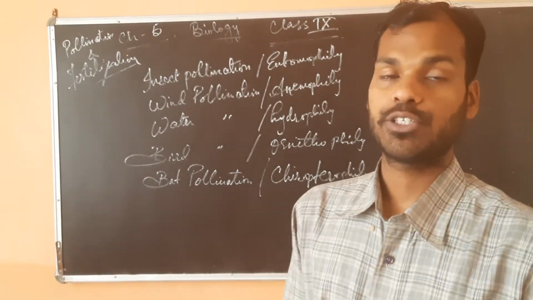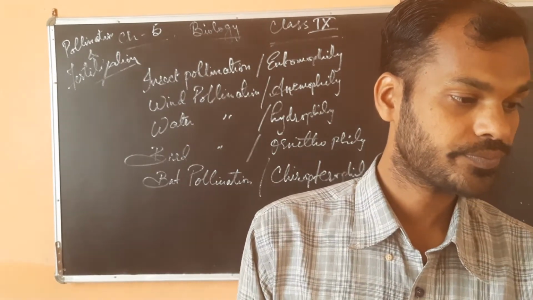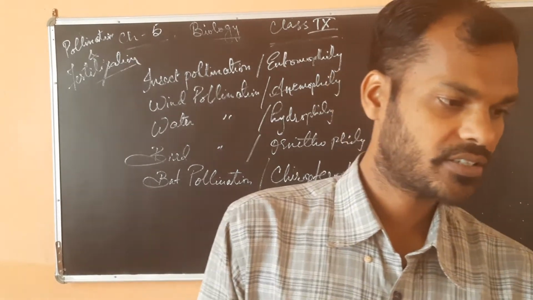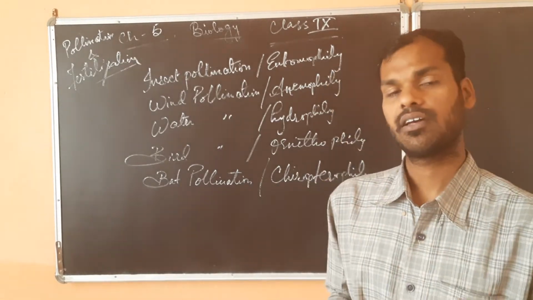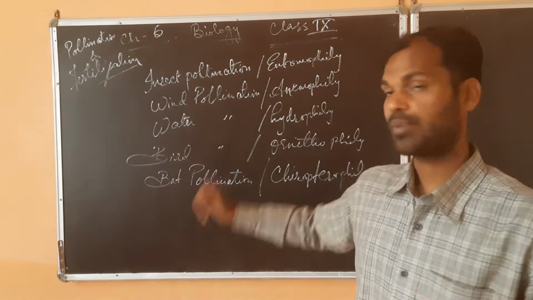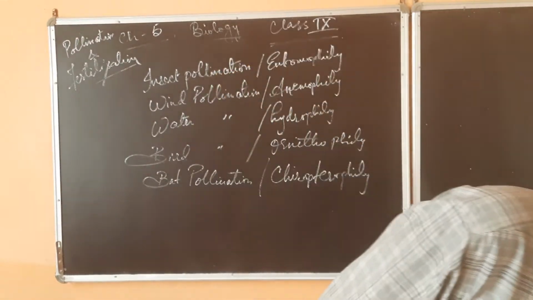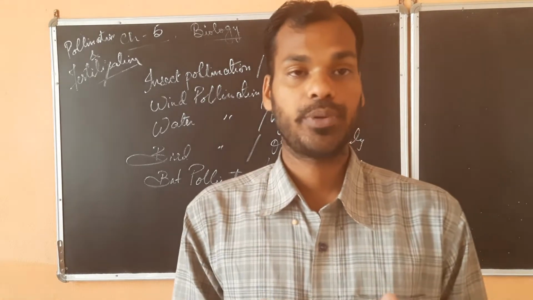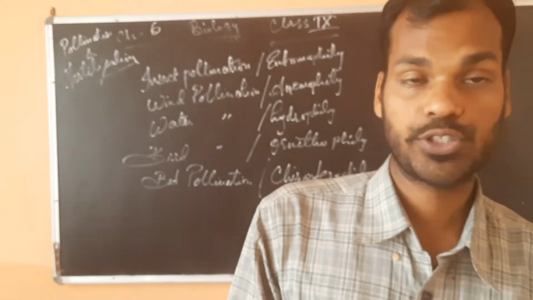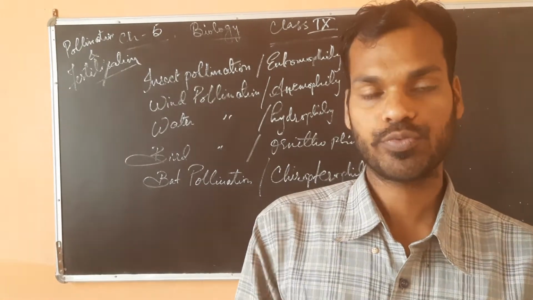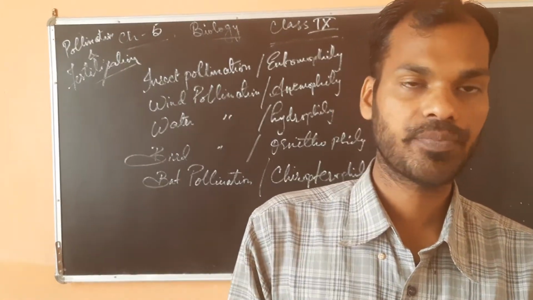Some pollen grains should also be winged. These are some of the adaptations in which pollination by wind takes place. The next favorable condition is that the anther should be large and loosely attached to the filament, so that it can move easily with the help of gentle wind.